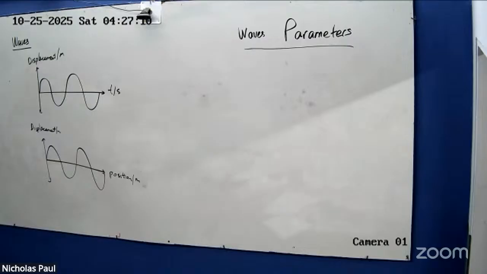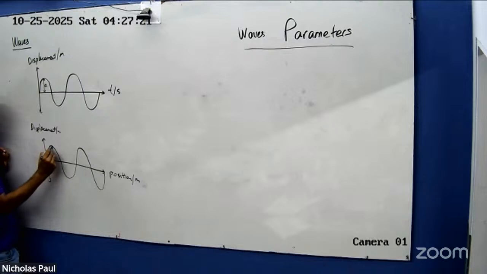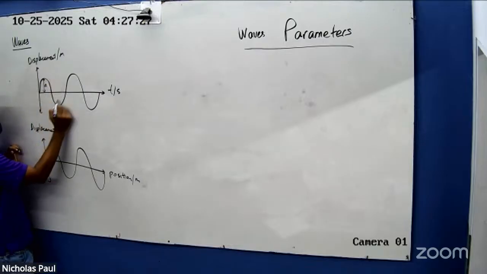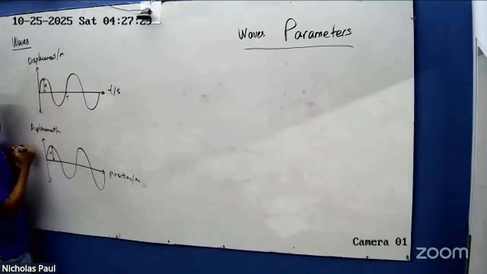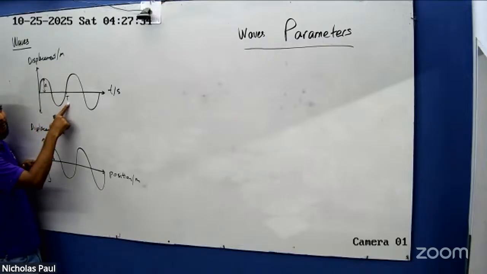Watch here. I'll give you the definitions in a little while. From a graph like this, the maximum displacement we call the amplitude. Same thing here, maximum displacement, amplitude. How long it takes for one of these cycles, we call that the period, capital T. Remember, capital T is our time.